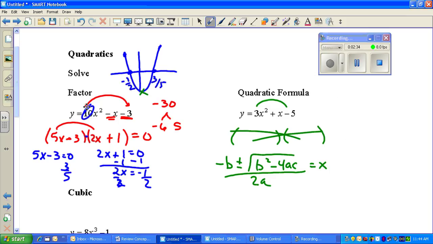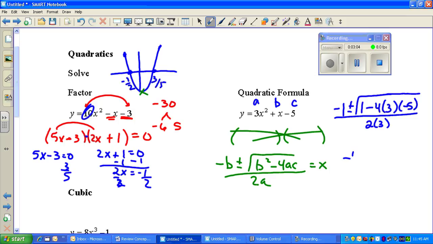And so in order to do that, I need to know a, b, and c. So notice the order in which this quadratic is written. It's got to be written in this order. A is with the squared term, b is my linear term, and c is my constant. So I'm going to pick off those values, and b is 1, so it says take the negative of that, square, minus 4 times 3 times -5, extend that radical sign all over 2 times 3.